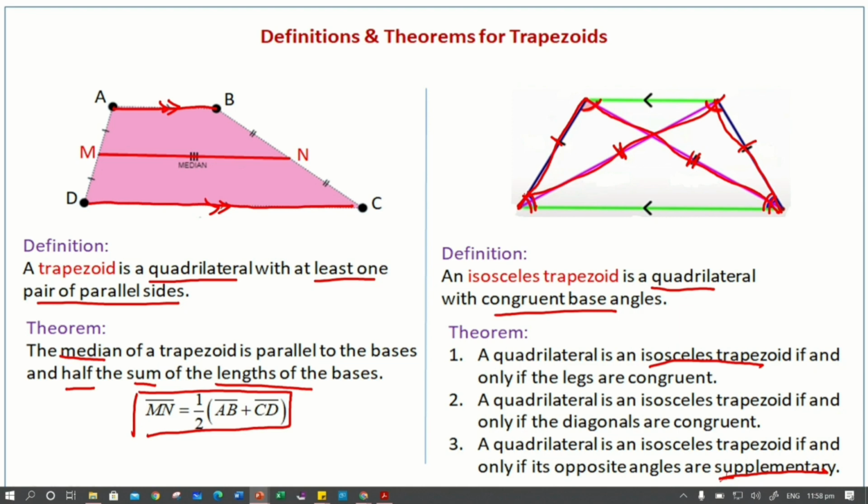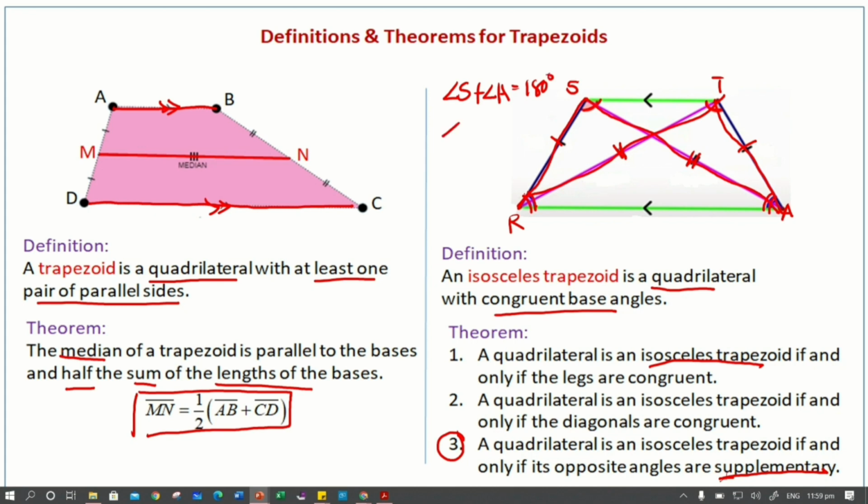Suppose we name this trapezoid STAR. Okay? So quadrilateral STAR is an isosceles trapezoid. If we use theorem number 3, since it states that opposite angles are supplementary, we can conclude that angle S plus angle A is equal to 180 degrees.